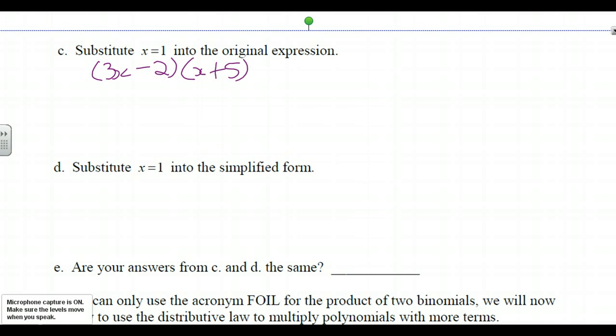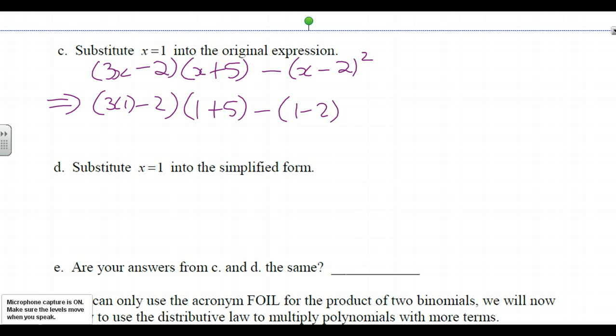Remember in math, we do a lot of formula substitution answer. So if I rewrite the original expression, okay, and then I'm going to substitute into it. Okay, and then I'm going to evaluate.